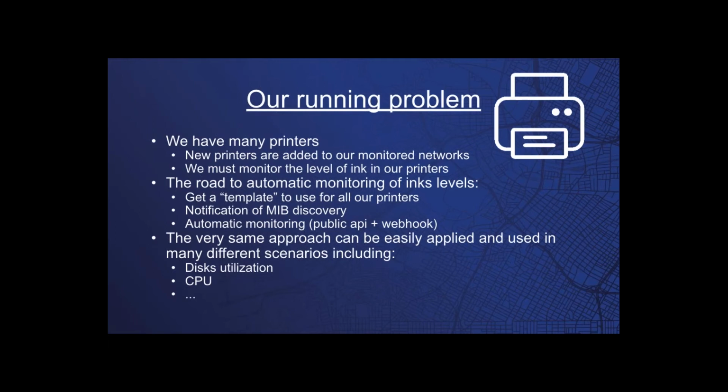And the main step to build this mechanism is to create a Domotz template from one of our existing printers where we already set up all the SNMP sensors that we want to monitor on a printer, and use this template every time a new printer appears in our network to automatically add the very same sensors and triggers loaded from the template. And this will be done every time a notification of MIB discovery is received by your mechanism.